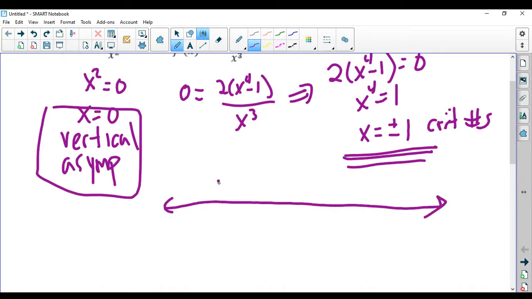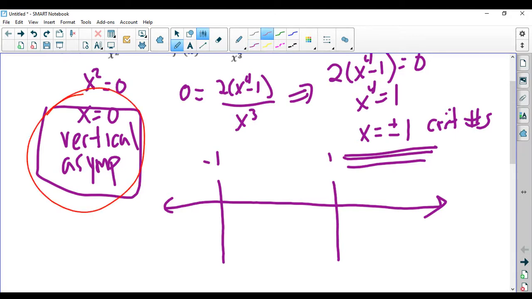Put in the critical numbers in the order in which they occur, the left one, the right one, but then also the vertical asymptote, which is at 0. So that should go right between them. And I'm going to draw it with a dashed line because I don't want to call that a relative min or max, because a vertical asymptote doesn't really exist on the graph. But the graph can change there, so I need to consider it.